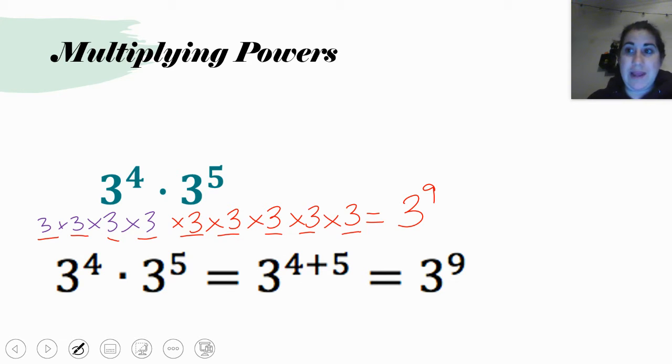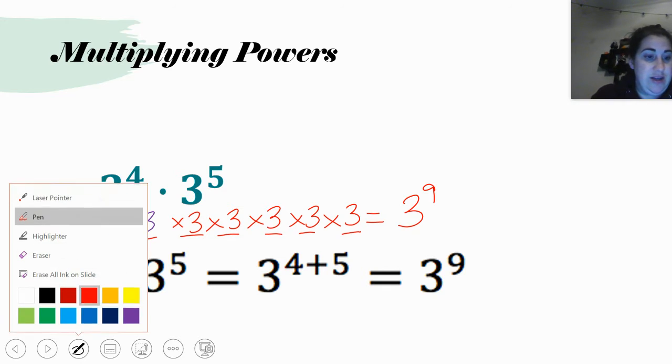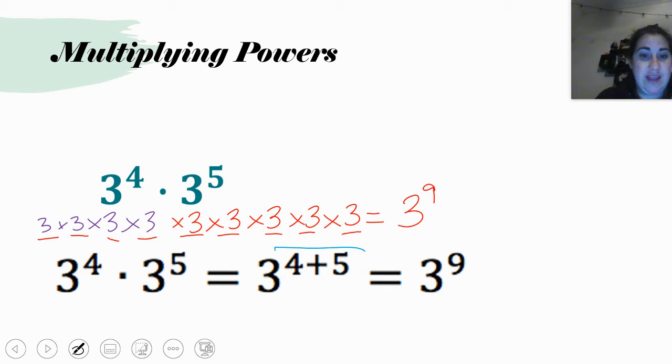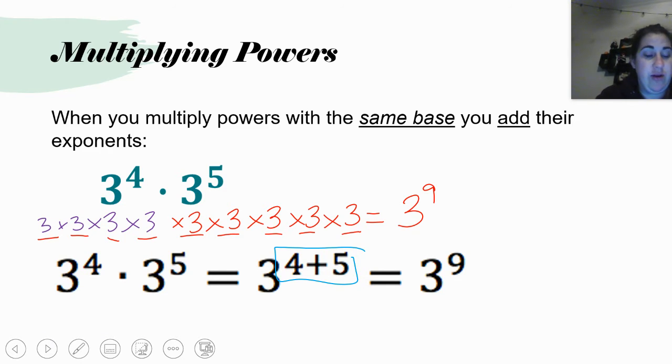So when we're multiplying powers, the base stays the same, but instead of multiplying the exponents, what we're actually doing is adding. So hopefully you guys noticed that we just did 4 plus 5 to get 9.